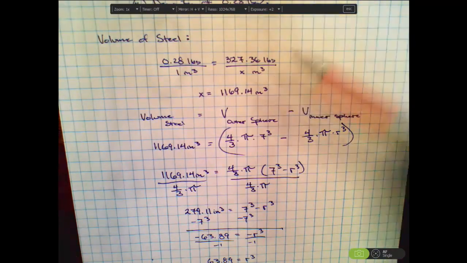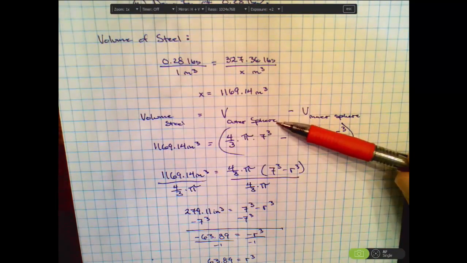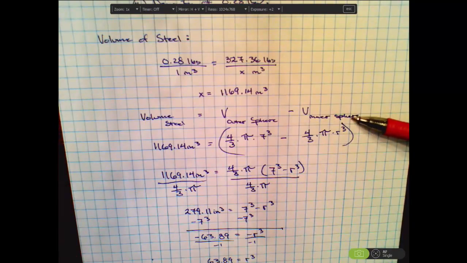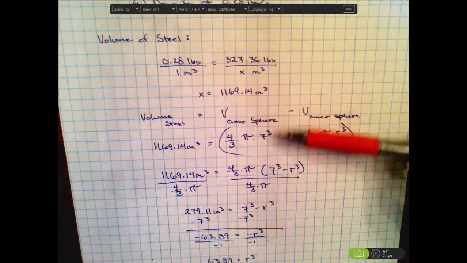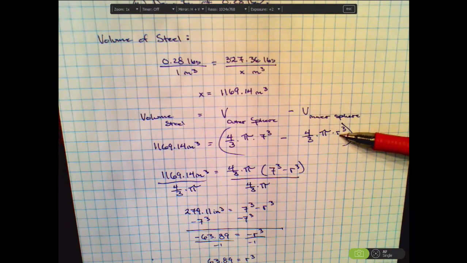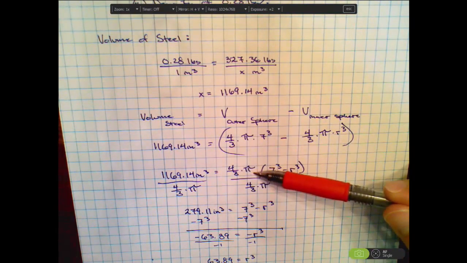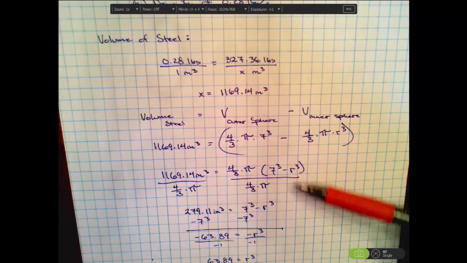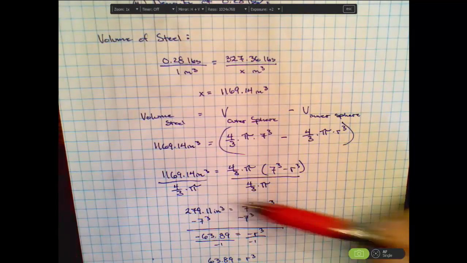Once you know that, to get the volume of just the steel part of the sphere, you take the volume of the outer sphere minus the volume of the inner sphere. We know the volume of the steel. We know the radius of the outer sphere. What we don't know is the radius of the inner sphere. All right. So what we did here is we factored out the common factor of 4/3 pi. And then we started solving for r. So I divided both sides by 4/3 pi.